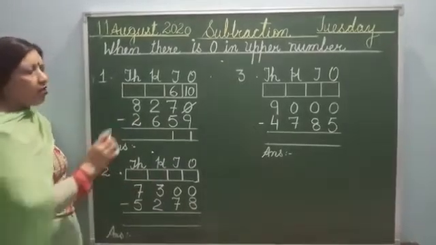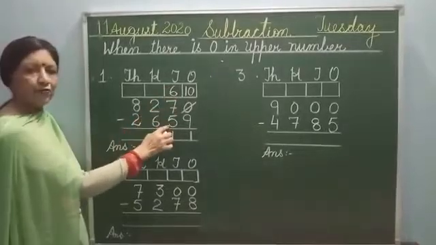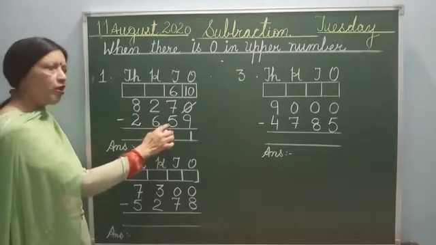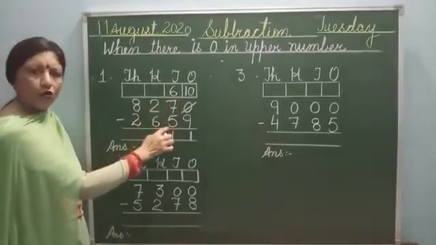Clear beta? Now there is no need to borrow from the next digit because 6 is greater than 5. We only borrow when upper digit is smaller than the lower digit.